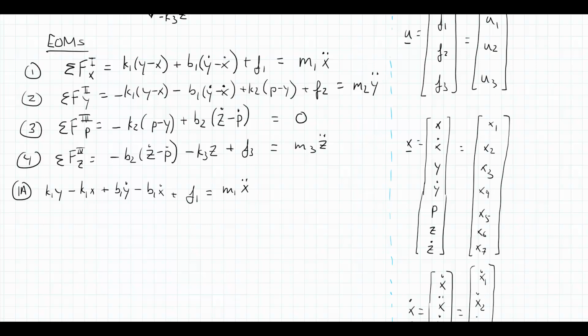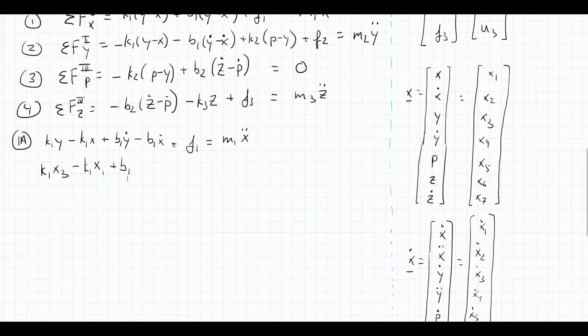Now I'll do my substitution. So k1y is also known as x3. k1x is also known as x1. Y dot is known as, well, looking over here, y dot is x4, but it is also x3 dot. So using the rule we've been using, I can express it as a non-derivative of a state variable, so I must.